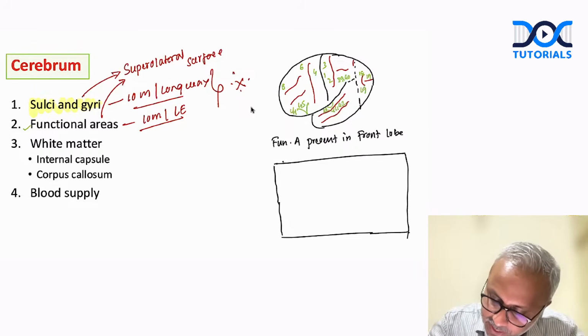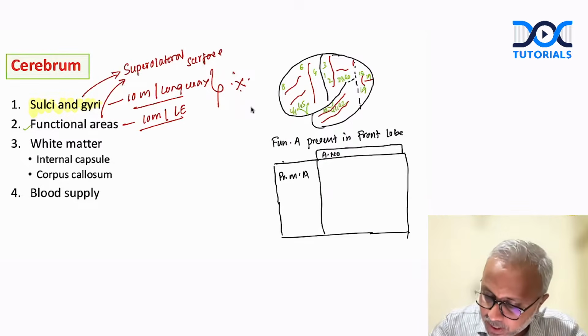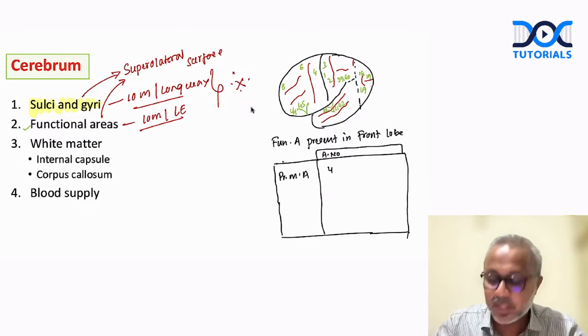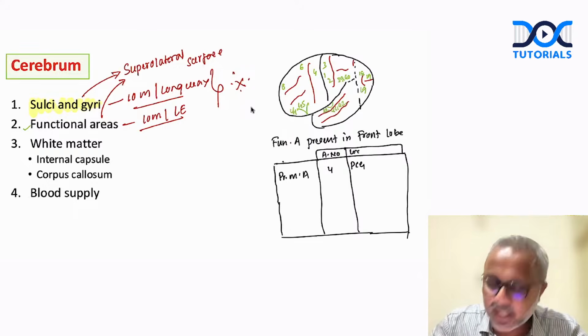Okay, so let's say you want to talk about the primary motor area. What you can write about the primary motor area is, what is the area number? It is area number 4. Where is it located? It is located in the precentral gyrus.